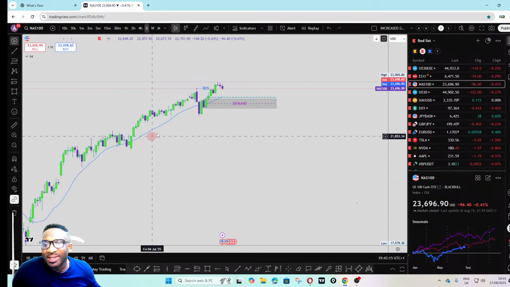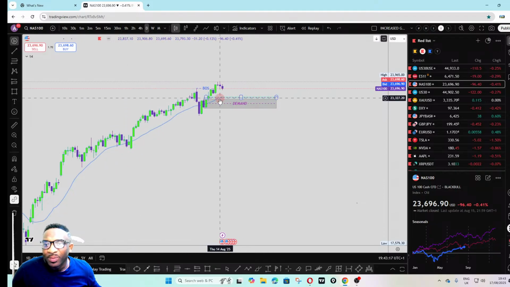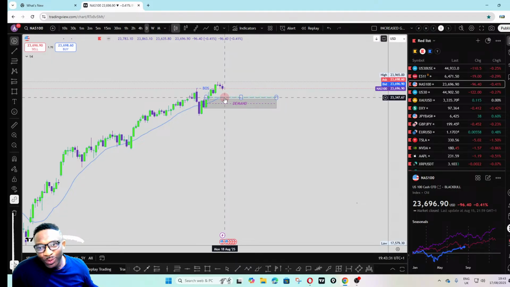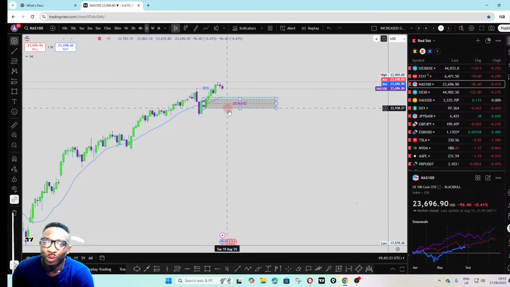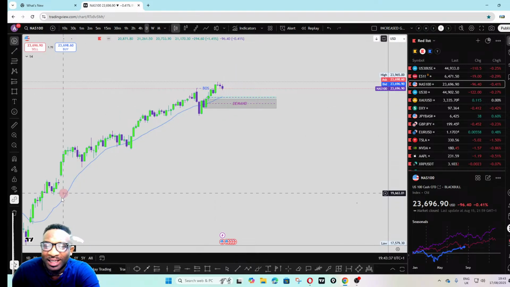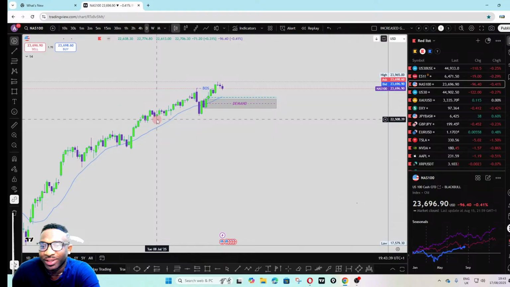Even though this is an uptrend, what we are seeing is on a daily time frame. So as we have this retracement back to this zone, we can as well enjoy the counter trend trade, even though it's not advisable. It's not as safe as being in the direction of the main trade.